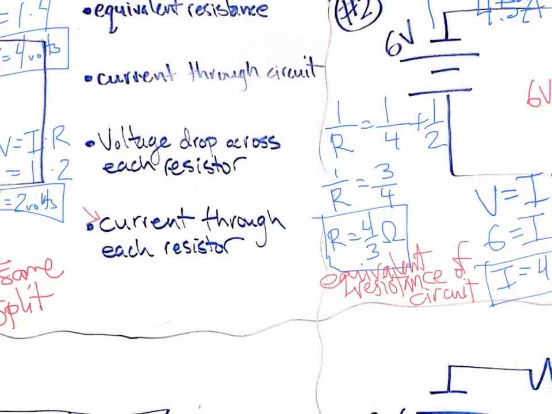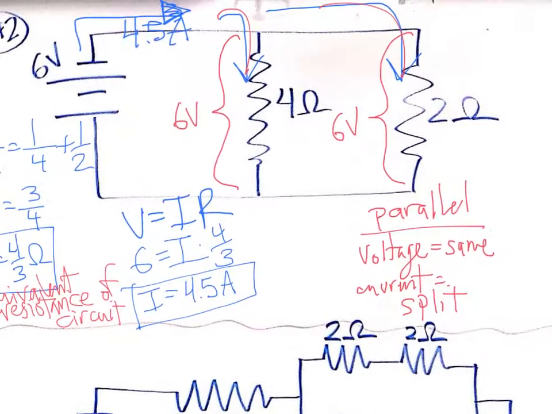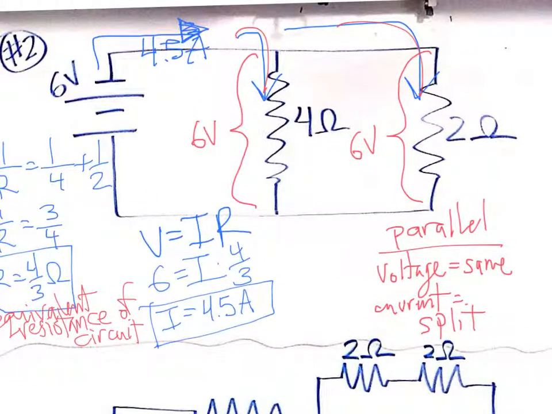And compare that to the parallel circuit, which we're looking at here. Alright, so the voltage across each resistor is the same, 6 volts and 6 volts. Current is going to be split. Here's how we figure it out. Use Ohm's law, V equals IR for this situation, and use Ohm's law, V equals IR for this situation.